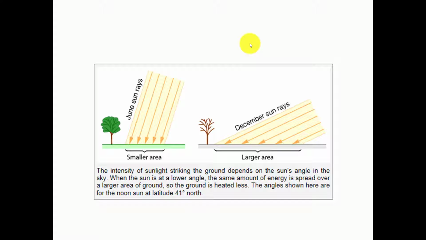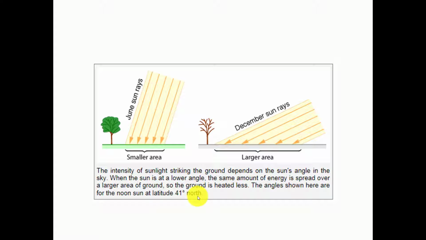Here's a representation of the same concept, but instead of latitude, now we're looking at month. This is in the Northern Hemisphere at a latitude of 41 degrees north, and it's comparing summer rays to winter rays.